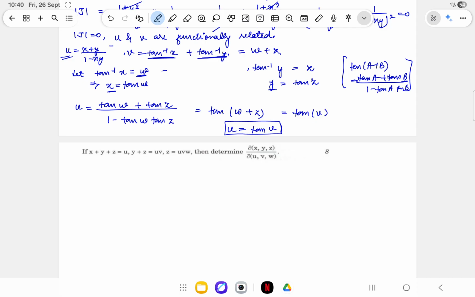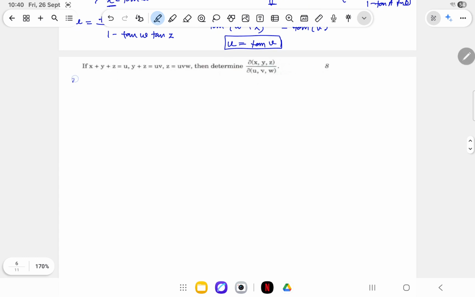The next question says that we have a relation between x, y, z and u, v, w, and we are supposed to find its Jacobian. The relations given to us are x + y + z = u, y + z = uv, and z = uvw.